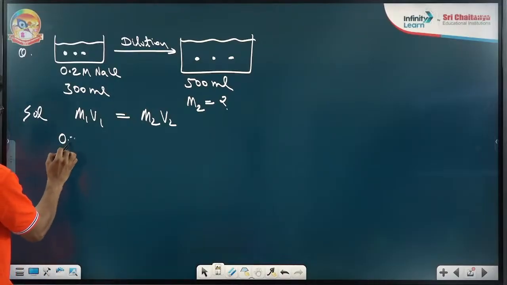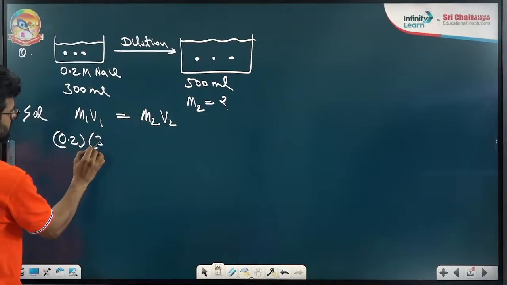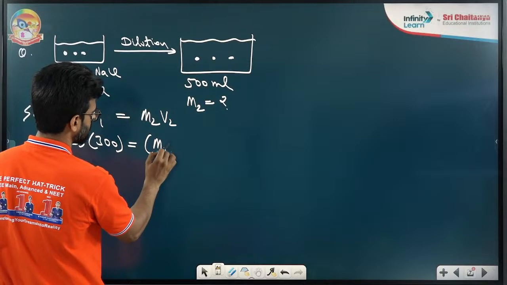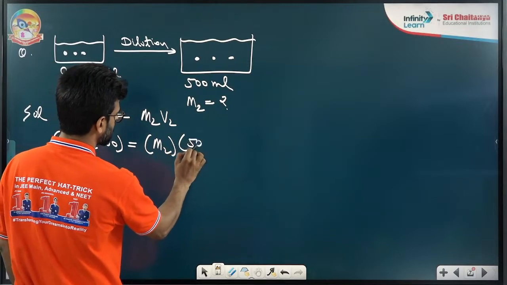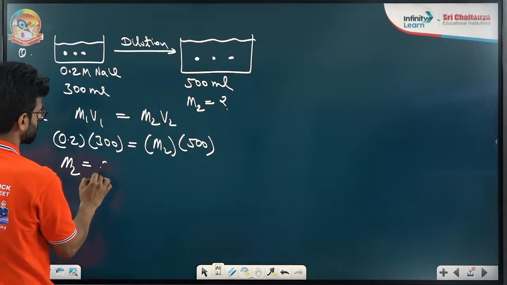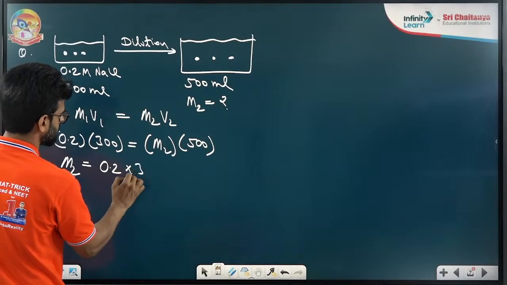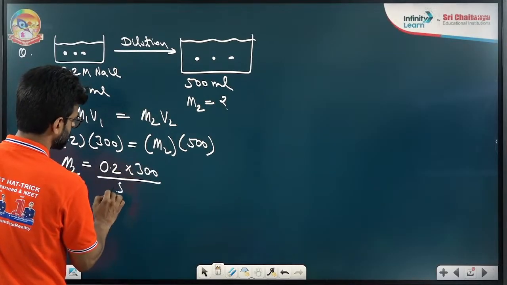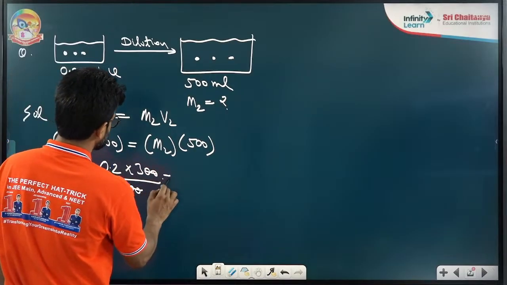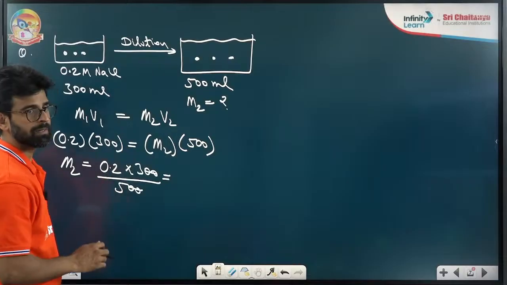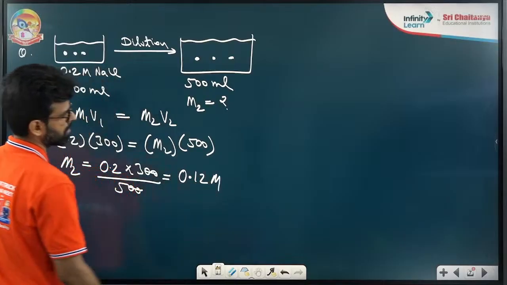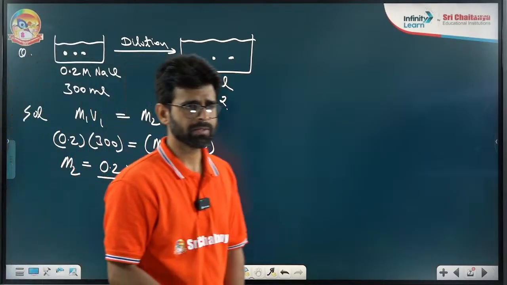M1 is 0.2 and V1 is 300 ml. We have to find M2, and V2 is 500 ml. So M2 is 0.2 into 300 divided by 500. If you solve this, what's coming? 0.12. Very good. 0.12 molar.